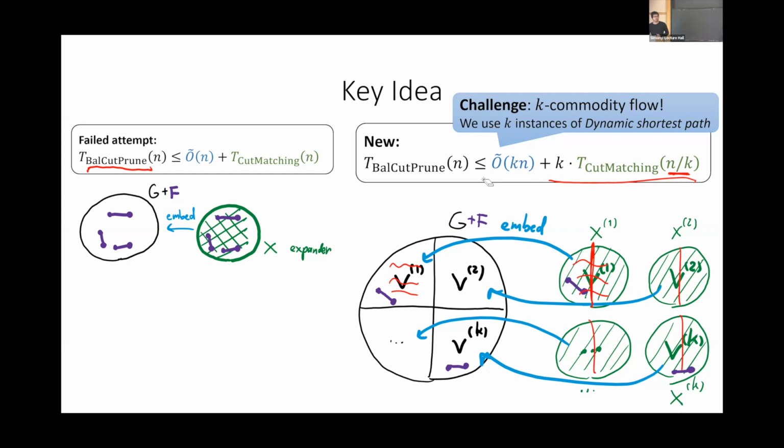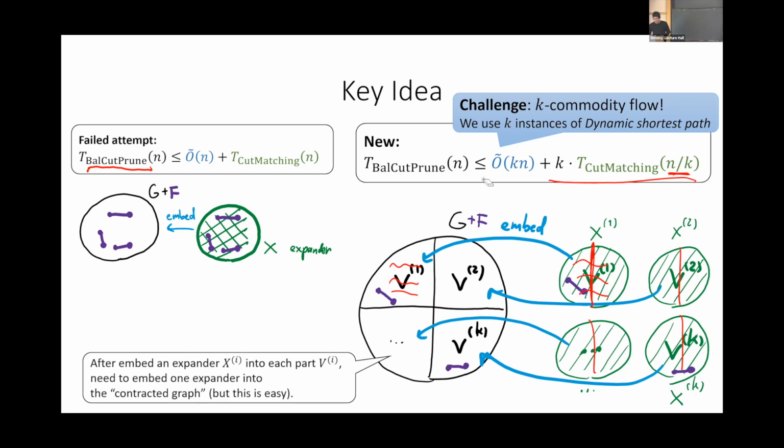You can solve it. But once you get this kind of recursive structure that reduces the number of nodes by a factor of k, then you are good. Except that, suppose you have embedded an expander Xi into each part Bi.